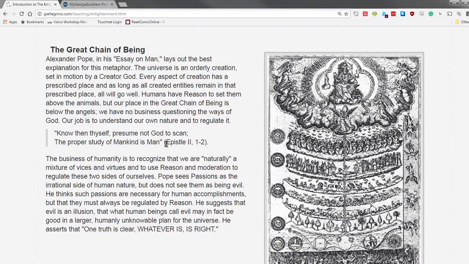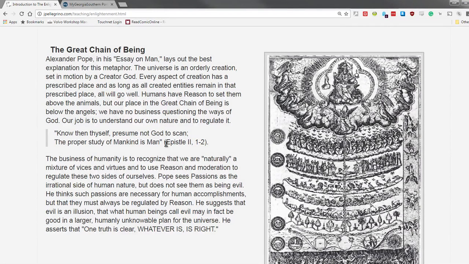And our job as human beings is to understand that we're a mixture of both spiritual and physical, right? We're naturally a mixture then of vices and virtues, and we use reason to moderate those things. Yes, you may want to do X, Y, and Z, but you know that they're all illegal.